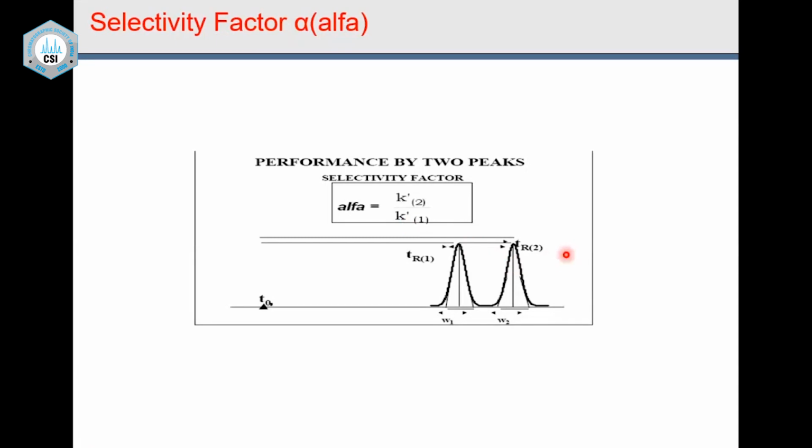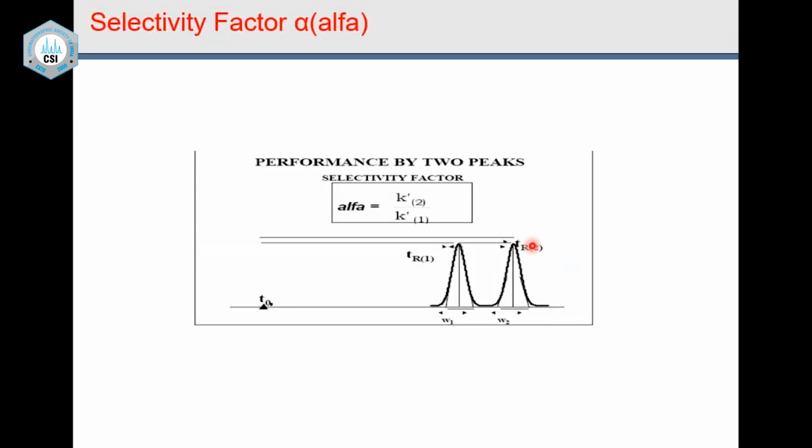If there is another peak here which is separated, we can calculate its capacity factor. It would be K3 dash, and the capacity factor ratio between these two peaks would be K3 dash upon K2 dash. So we can calculate the alpha value for the number of peaks which we have.